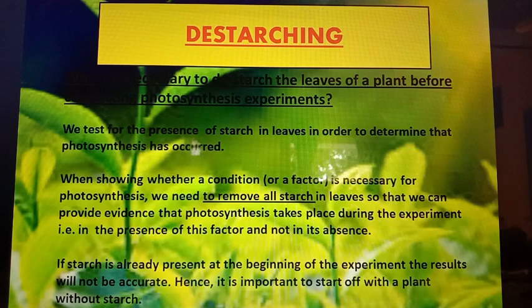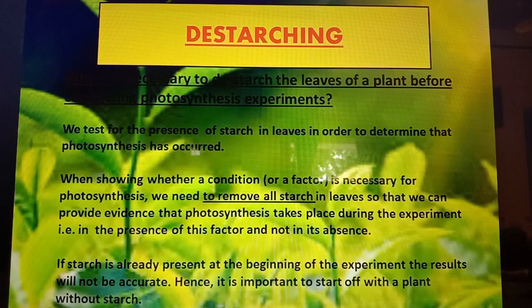When showing whether a condition or a factor is necessary for photosynthesis, we need to remove all starch from the leaves so that we can prove that photosynthesis takes place during the experimental condition, that is in the presence of this factor particularly and not in its absence.